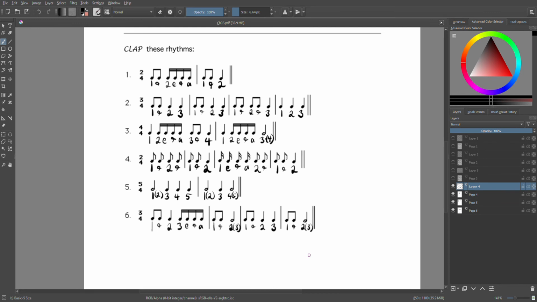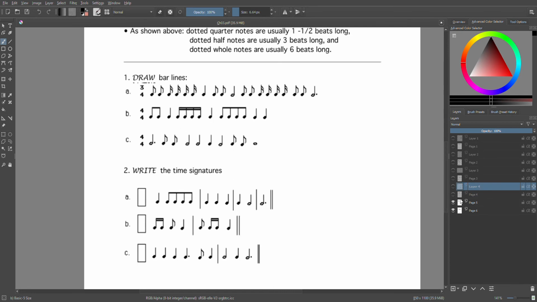All right, so this is how this one's going to go. 1 and 2, 3 E and a 1 and 2, 3. 1 and 2, 3. 1 and 2, 3. And there we go. That is that page complete. 2 more pages. We are almost done.